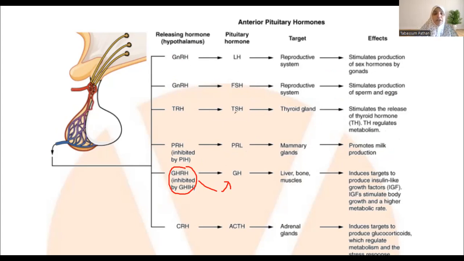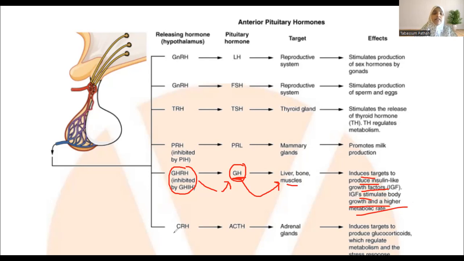It will go to the pituitary gland and trigger it to produce growth hormone. Now, growth hormone will go to the liver, to the bones, to the muscle to do what? To induce the targets to produce insulin-like growth factors, and this will stimulate the growth of the body, growth of the cell, and a higher rate of metabolic activities.